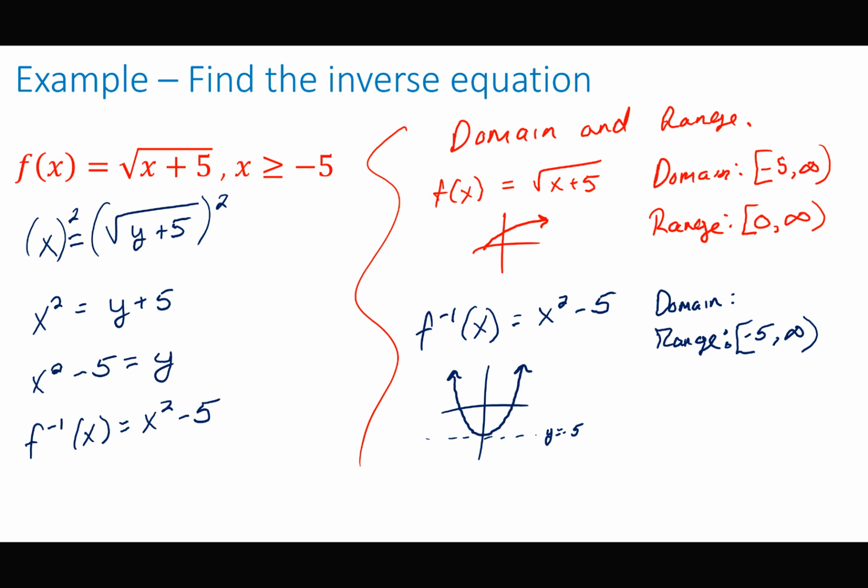Don't think about coordinate points that are switching. The domain of the original is the range of the other one, and the range of the original becomes the domain of the other. So domain and range switch.